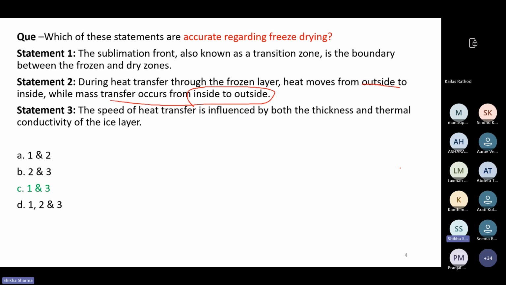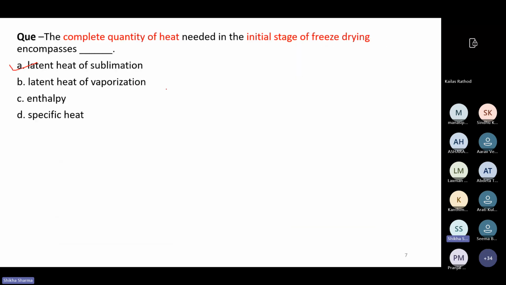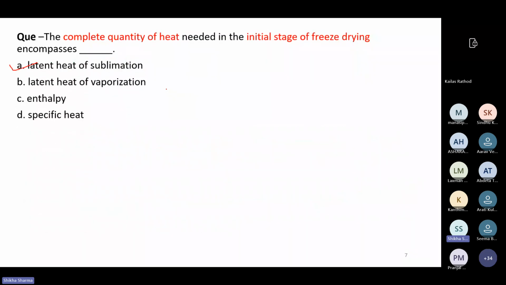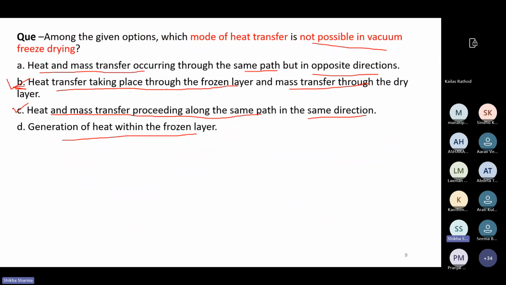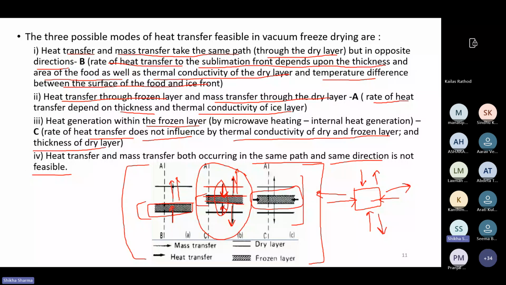From that we can understand what kind of change is happening. Here it says through the frozen layer, and this other question is talking about the dry layer.